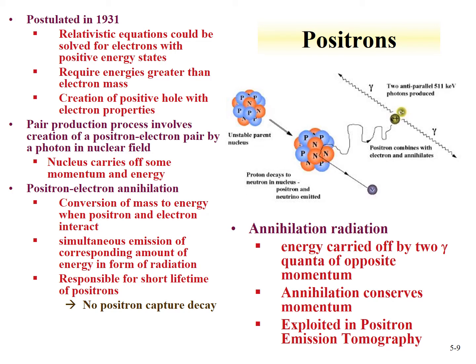This two-photon, half-MeV creation during positron annihilation is what's used in positron emission tomography to map out three-dimensional images, which are often used in medical applications.